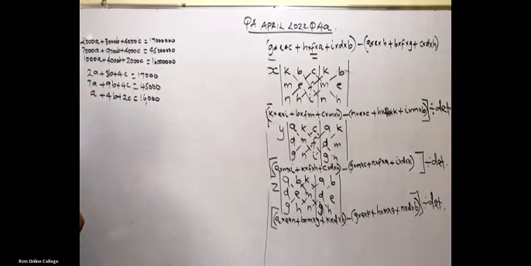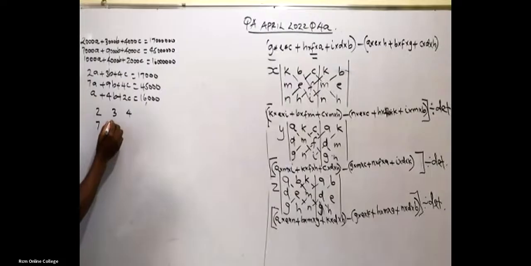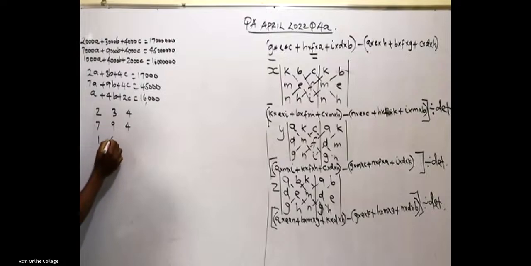Can we now convert it to a matrix? How do we do that? I'll talk about the coefficients. The coefficient of a here is 2, so we'll have 2, 3, 4. Then we'll have 7, 9, 4. The coefficient of a in the last equation is 1, then we'll have 4, 2. This now gives us a complete matrix of 3 by 3.